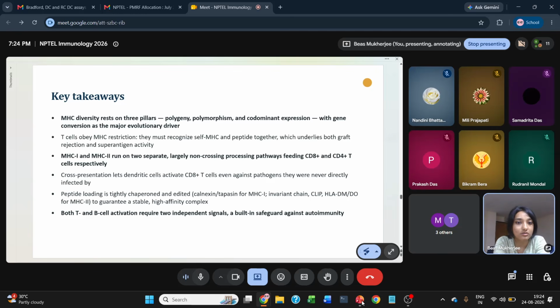Then you have cross-presentation, which lets dendritic cells activate CD8 plus cells even against pathogens that never directly infected them, because they have engulfed them. Peptide loading is tightly chaperoned and edited, guaranteeing a stable, high-affinity complex. And both B and T cell activation require two independent signals, a built-in safeguard against autoimmunity.